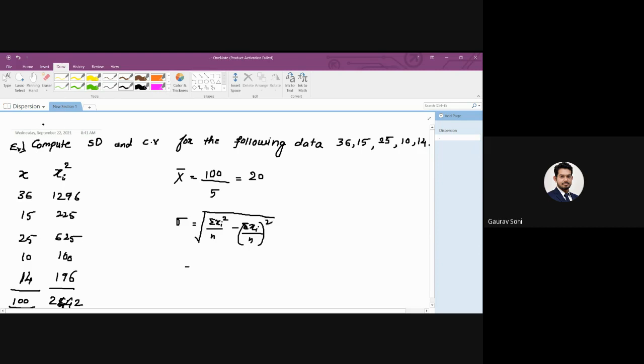So this is under root 2442 divided by n, which is 5, minus 20 square. So what is sigma? Root over of 11.5.